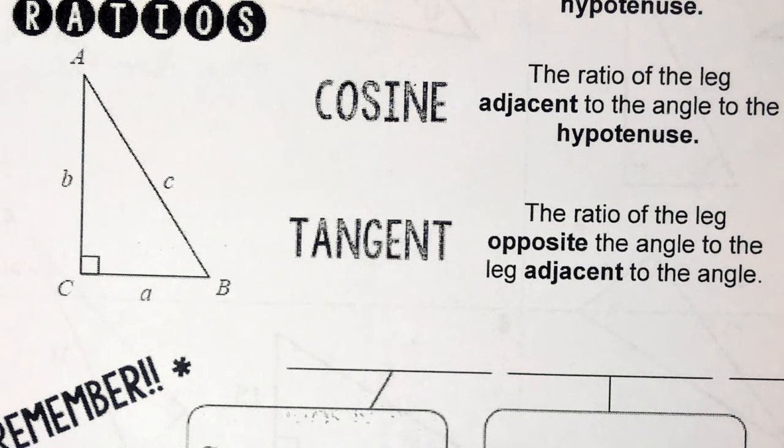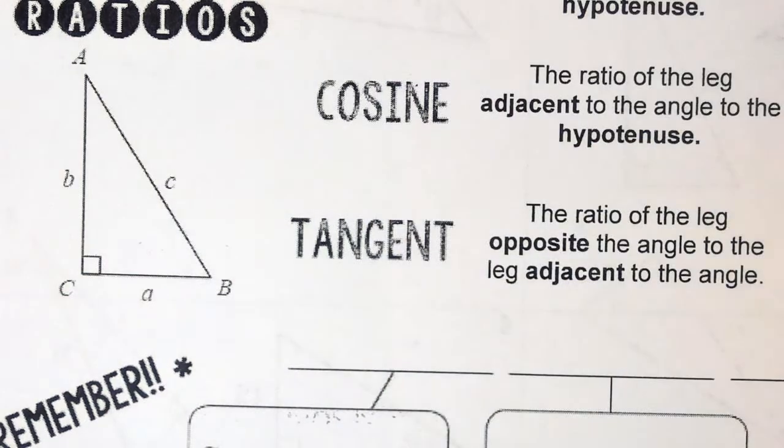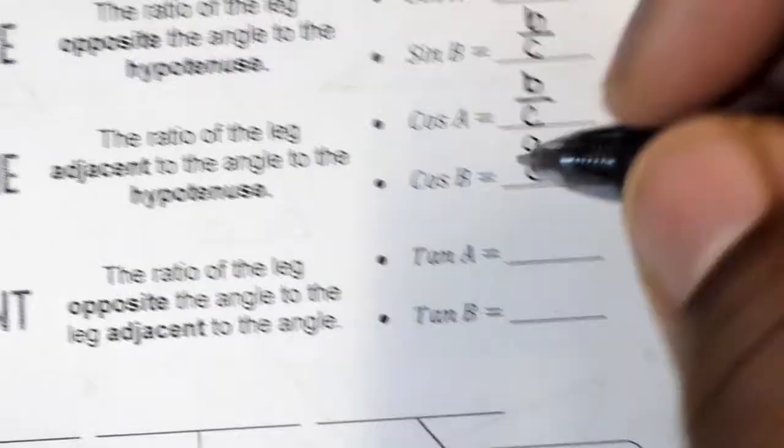Louder. A over what? That's hypotenuse. A over B.